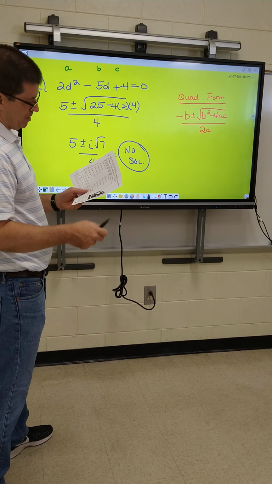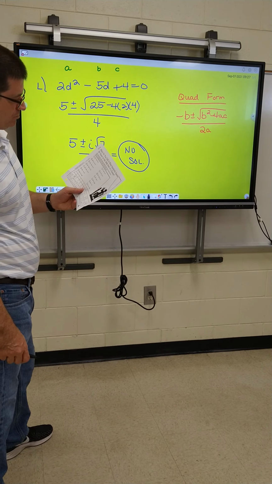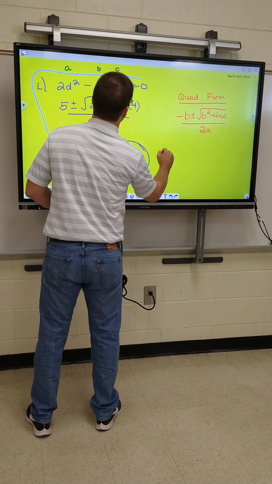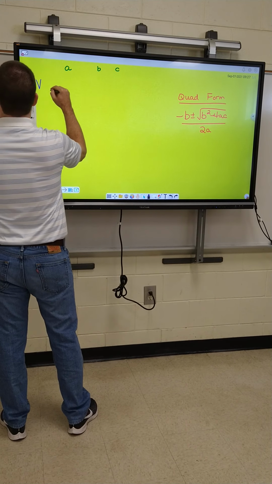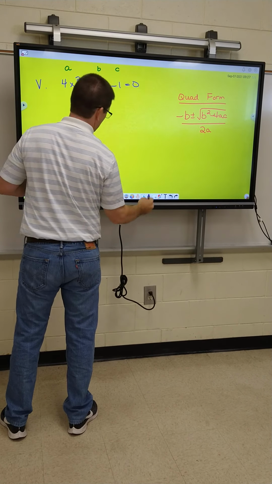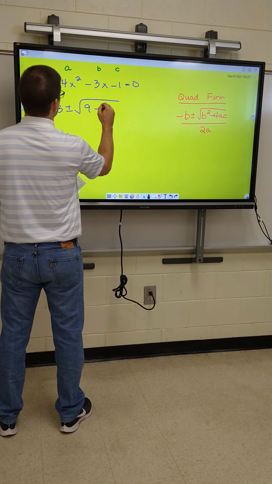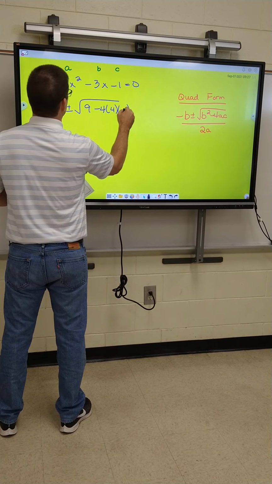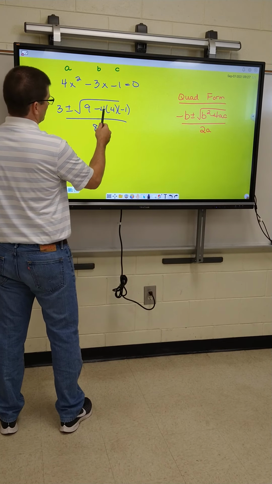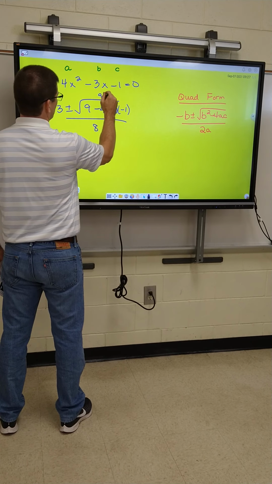Let's do one more. I keep thinking the right column is going to be harder. Let's do problem V right here, middle of the right column. 4x squared minus 3x. 4, 16, a negative times a negative is positive, so that's really going to be 9 plus 16 right there.